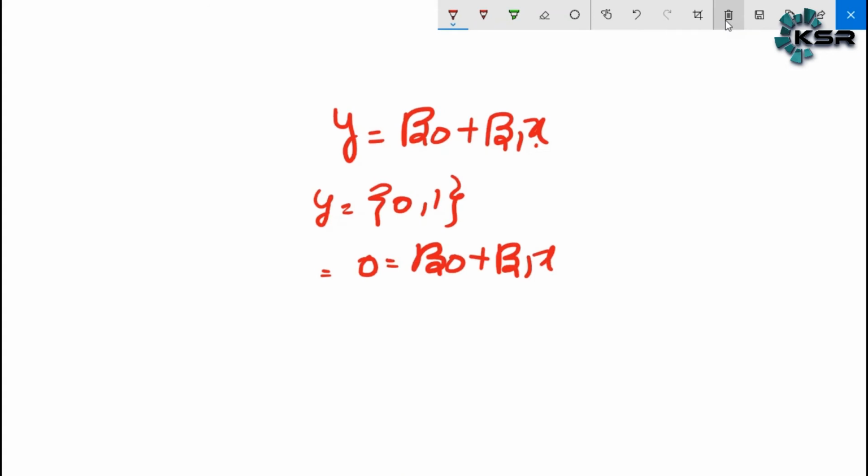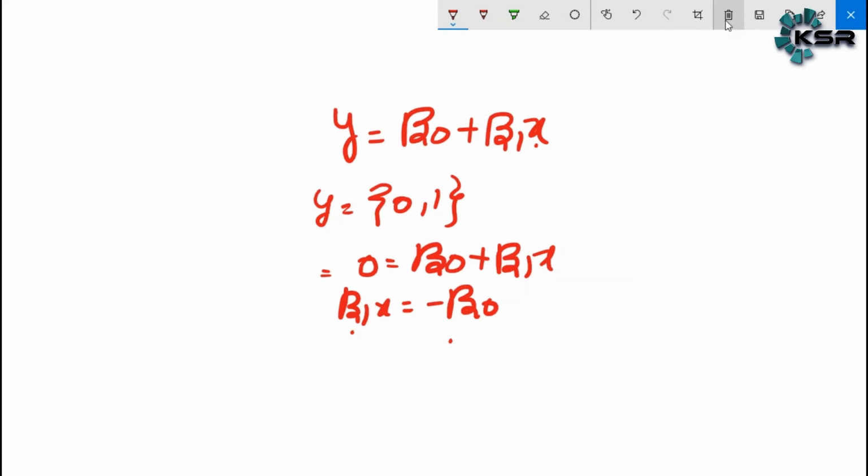As we discussed in the last session, beta 1 is one unit change of your independent variable and how much it impacts your dependent variable. But in this case, if beta 1 x is equal to minus beta naught, then a one unit change of my independent variable is not impacting my dependent variable, it is impacting the intercept. Ideally it should not happen. So in this kind of case, we cannot use simple or linear regression.